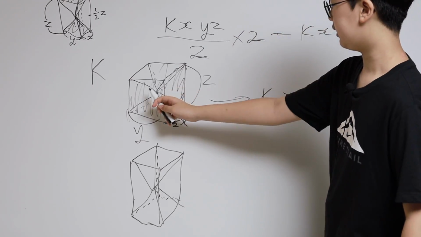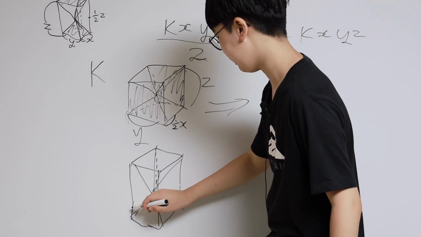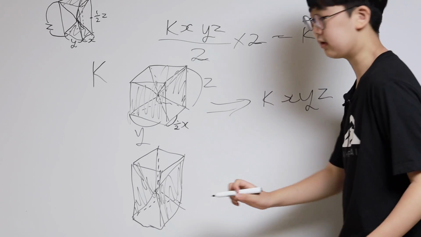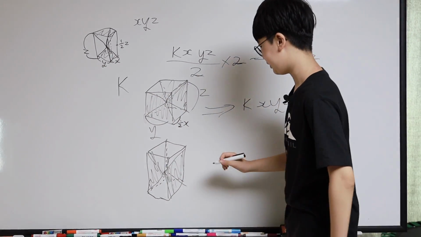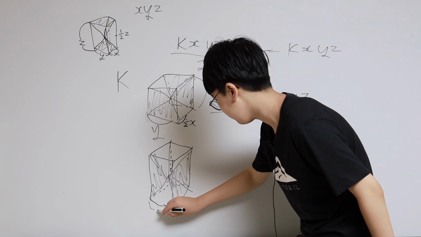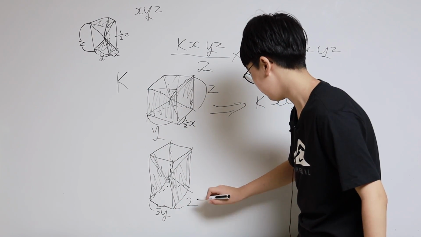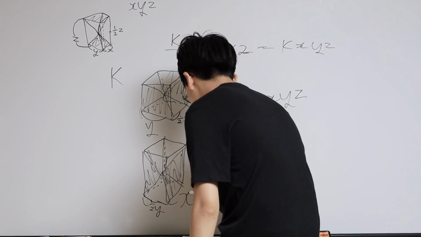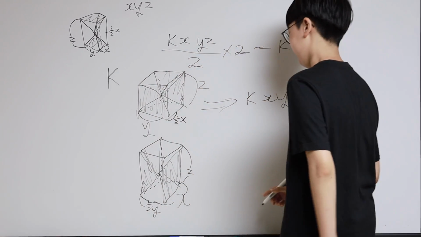Now we looked at these 2 and these 2. So now we're gonna look at this one and this one, the pyramids facing this way and this way. So now that would be half of a Y and an X and a Z.